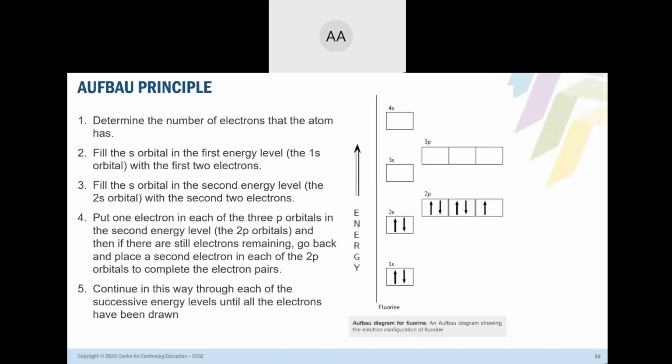Identify some elements from the periodic table and see if you are able to draw the electron configuration using the Aufbau principle for at least 5 different elements, and share with each other, check each other's answers, and then we'll come back and have a look at them.